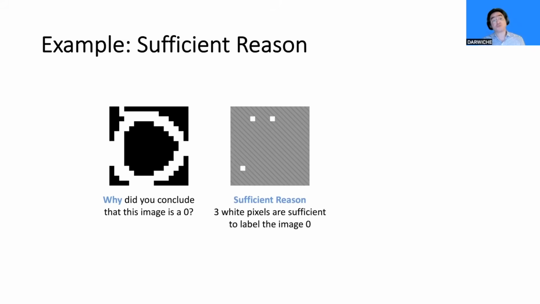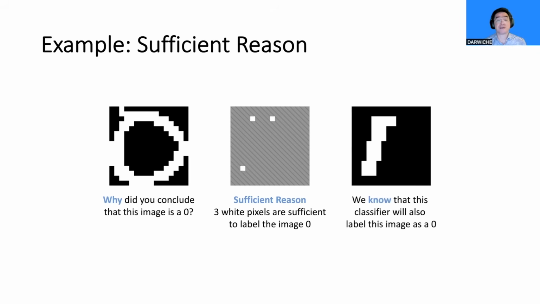And in this particular case, one of the sufficient reasons was this, that these 3 pixels are white. As long as these 3 pixels are white, the classifier will conclude that this is a 0 regardless of what the other pixels are. So it is guaranteed to classify this image as 0 because in this image, these 3 pixels are actually white.